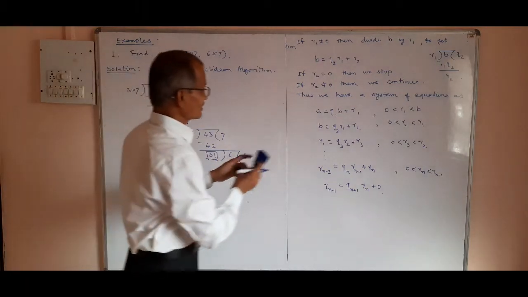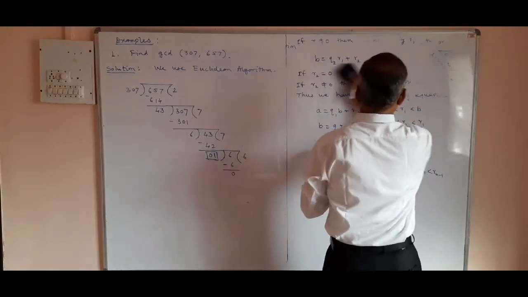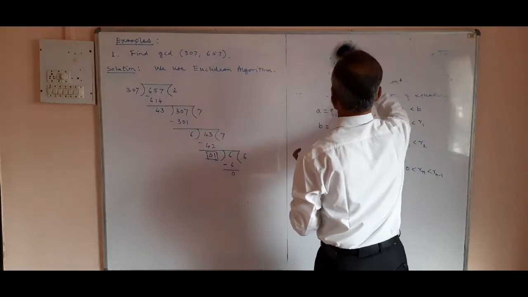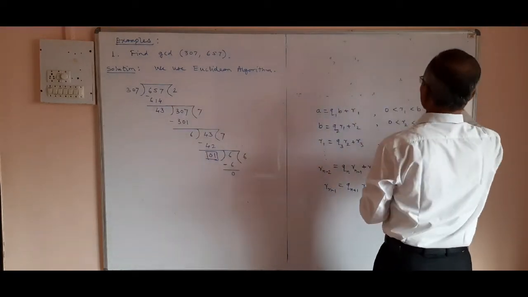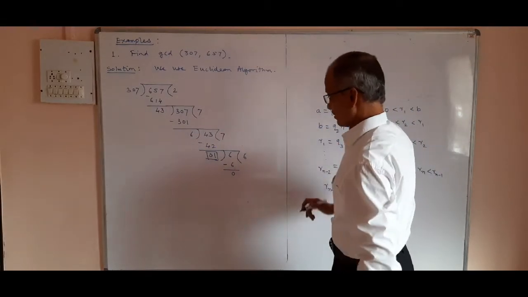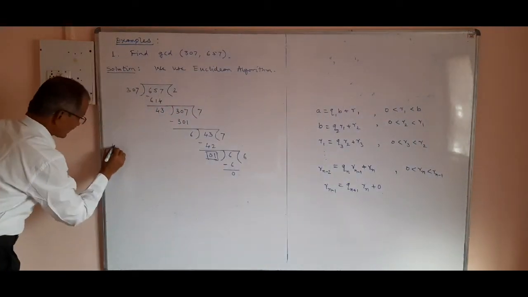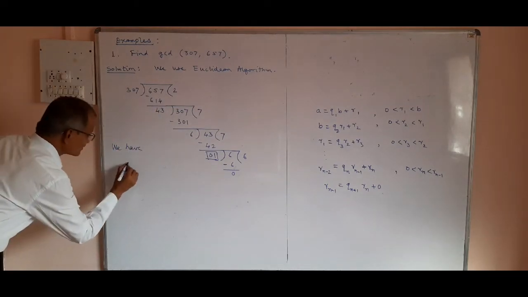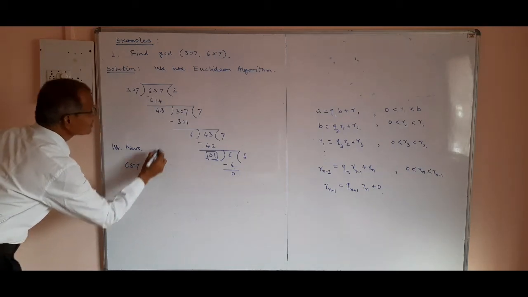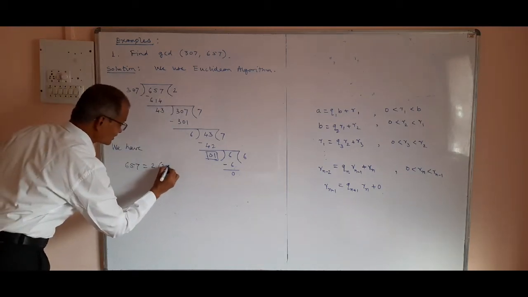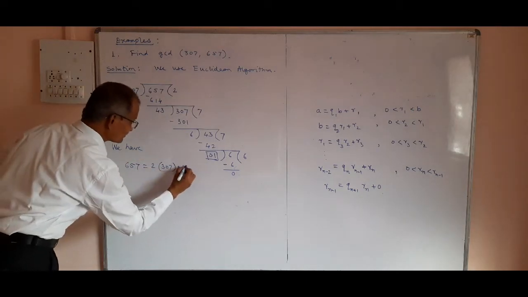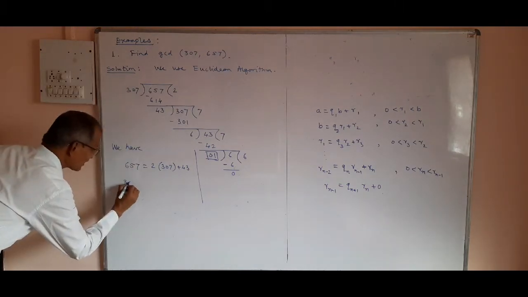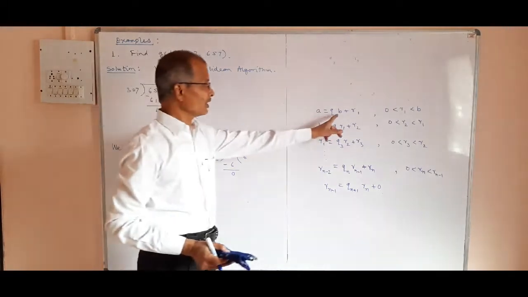So we can write the equations like this. Now the first equation will be corresponding to the first division. So we have first equation: 657 is equal to quotient 2 times 307 plus remainder 43. Next equation: this is A is equal to Q1B plus R1.